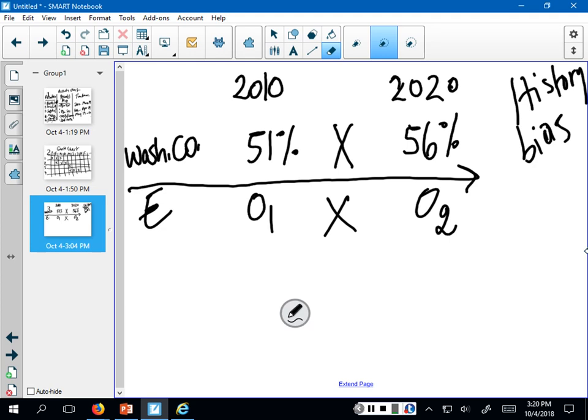Probably another group for comparison. Another group for comparison or a control group, exactly, okay? So we can improve on this design by adding a comparison or a control group.